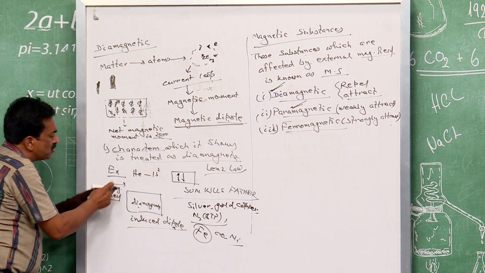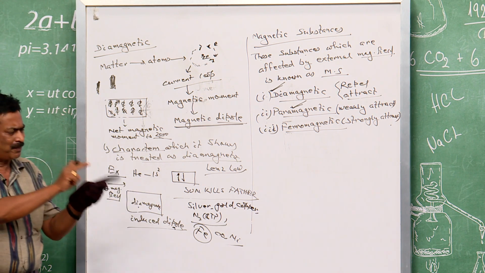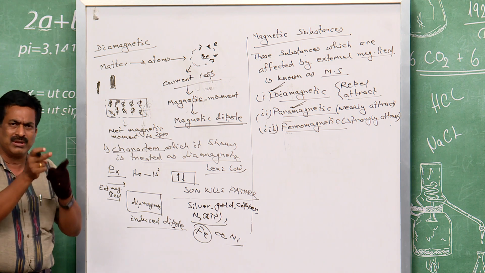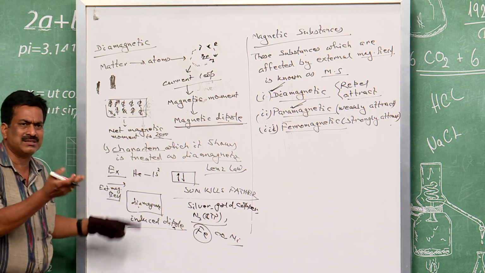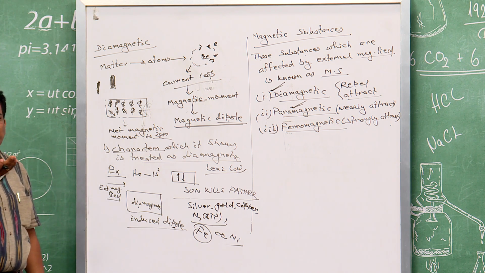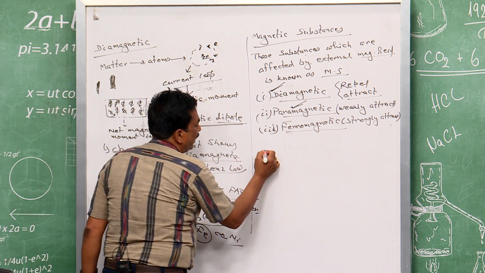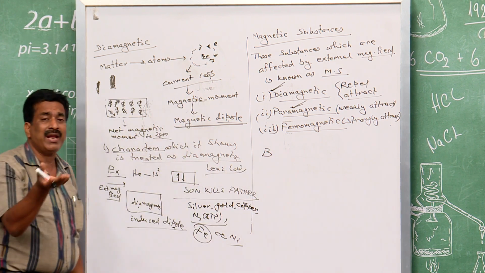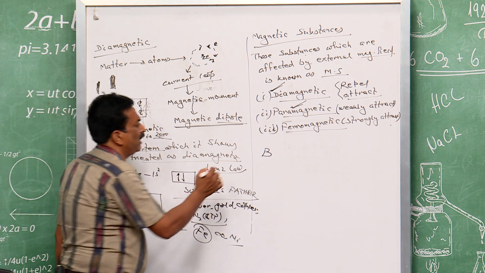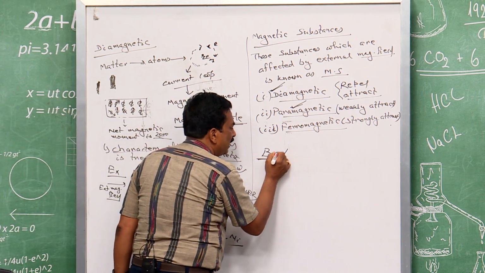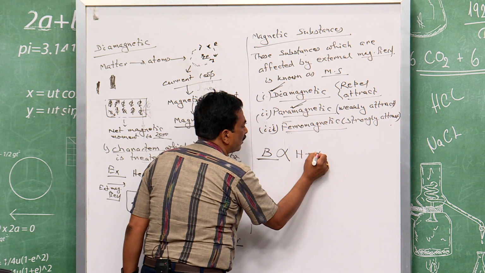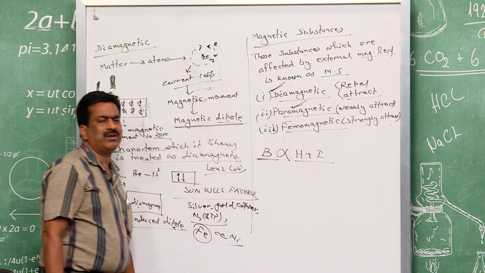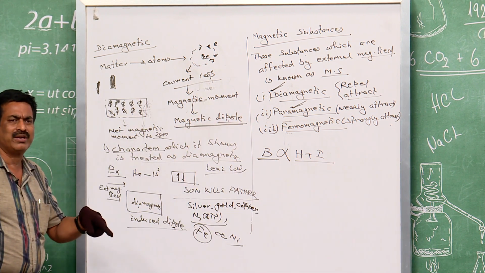Whenever we give some external field, something is developed inside the substance. So the net intensity, if you take it as B, is proportional to the sum of the external and the internal.